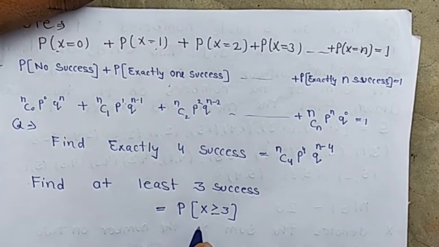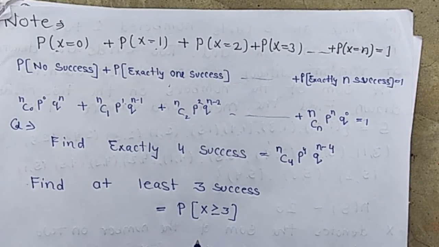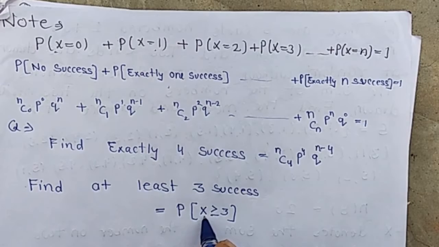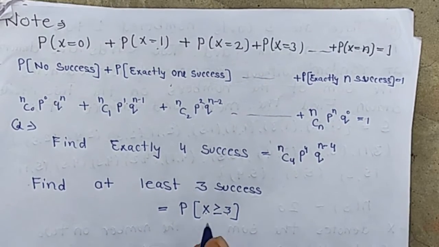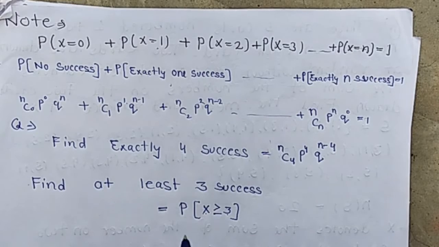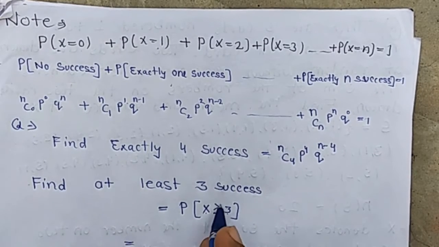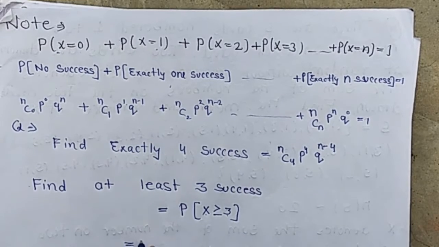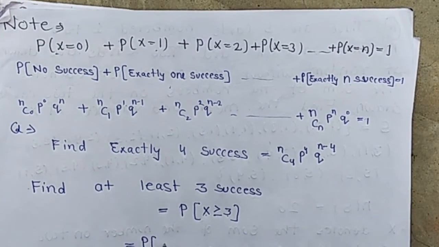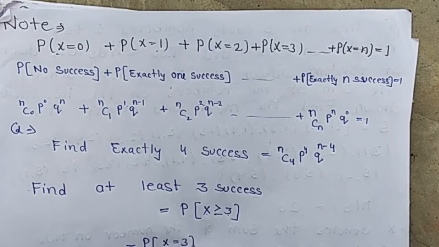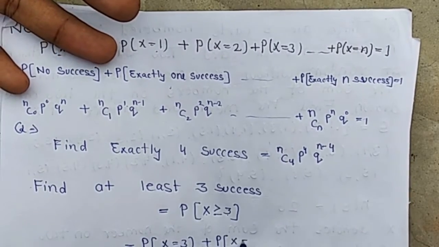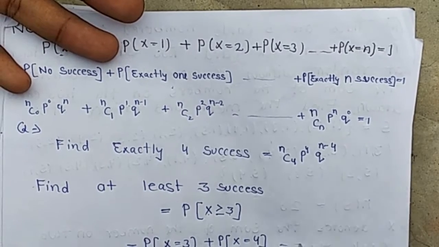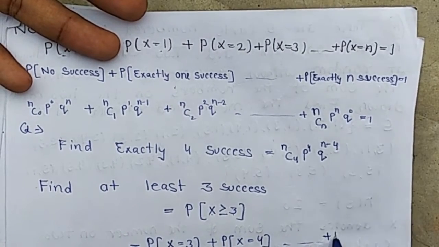It is the sign for at least three success, meaning 3 success or more. Then we can find the value of x greater than or equal to 3 by x equal 3, x equal 4, and so on, up to x equal 9.